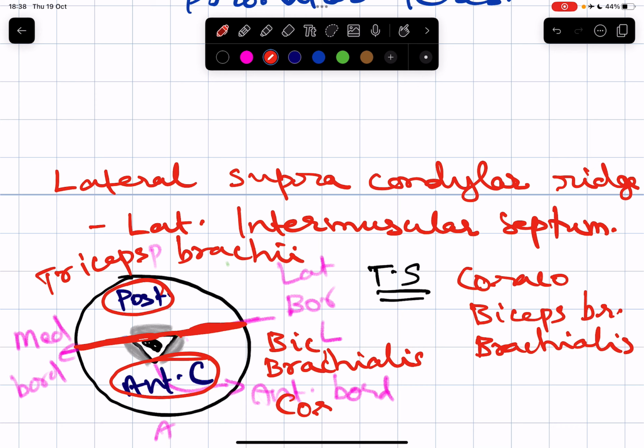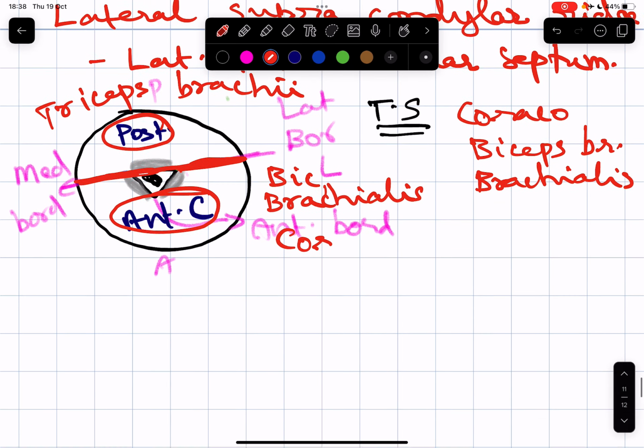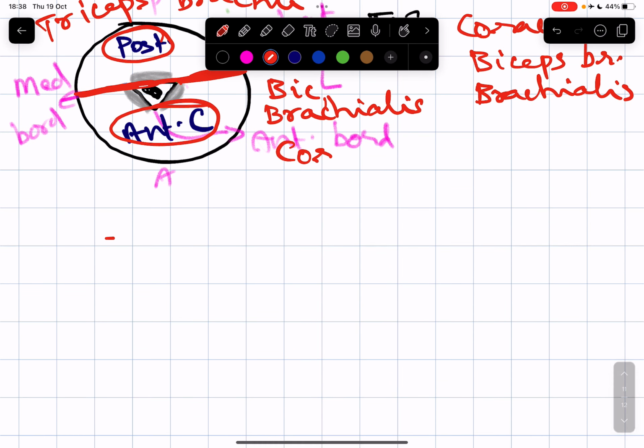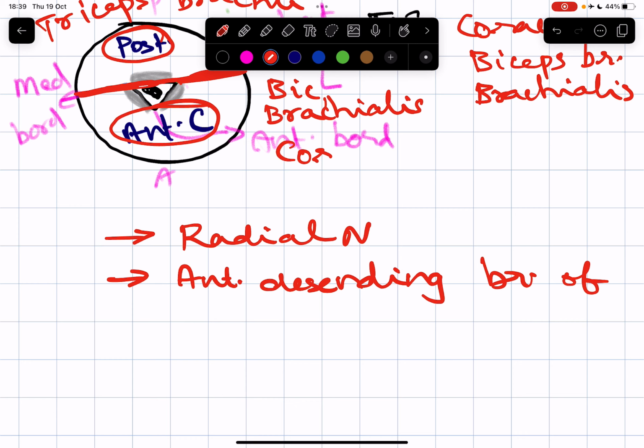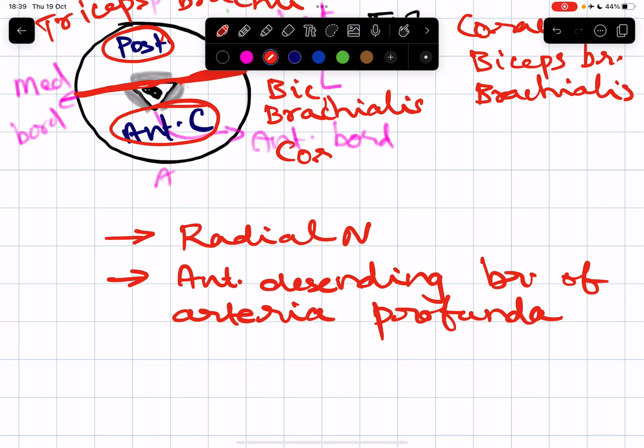Now what structure pierces the lateral intermuscular septum? The lateral intermuscular septum is pierced by the radial nerve and the anterior descending branch of the arteria profunda brachii.